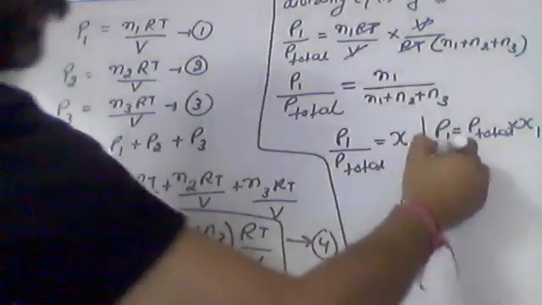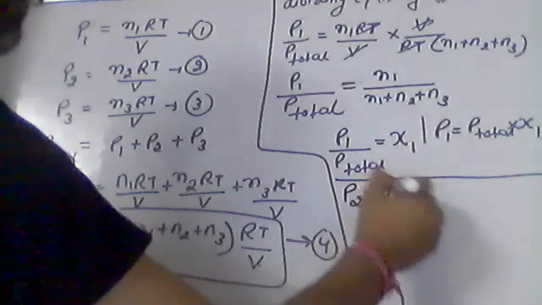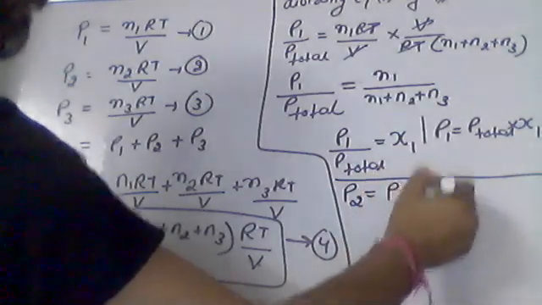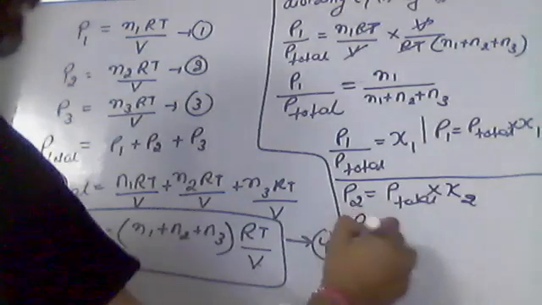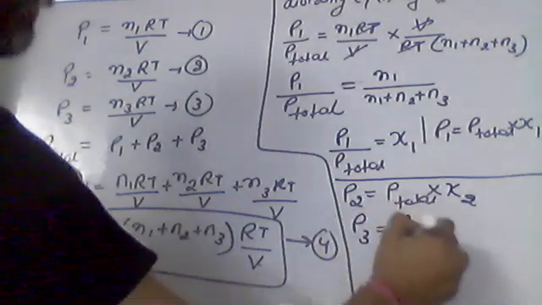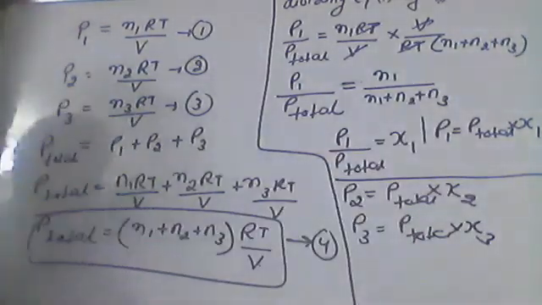Generalized for each component, P2 will be equal to P total into x2, the mole fraction of the second component. P3 will be equal to P total into x3.